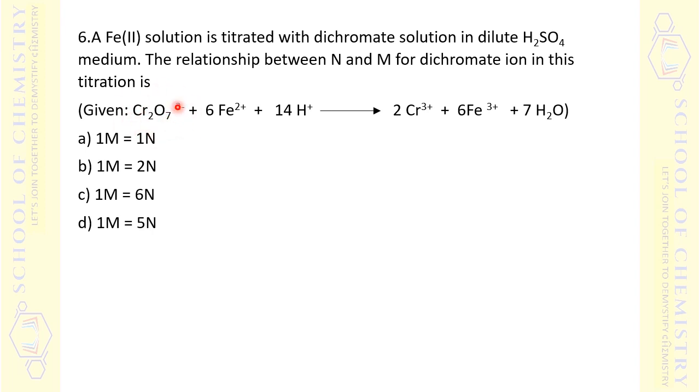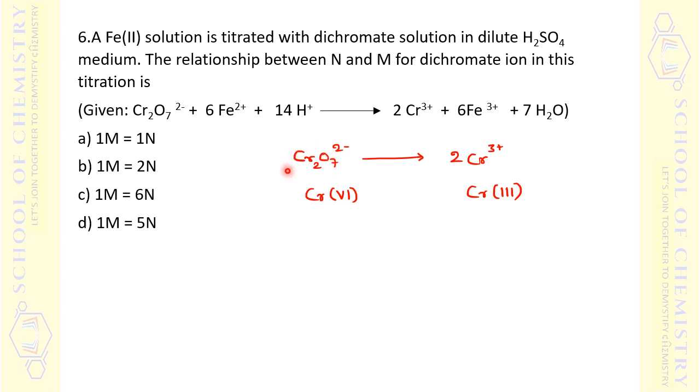Fine. So in this case the dichromate ion is acting as the oxidizing agent, and if you observe how this dichromate species is changing, it is changing to chromium 3 plus ion. Cr2O7 dichromate ion is changing to Cr3 plus species. So chromium is in the 6 plus oxidation state, and it is changing to the 3 plus oxidation state after the reaction.